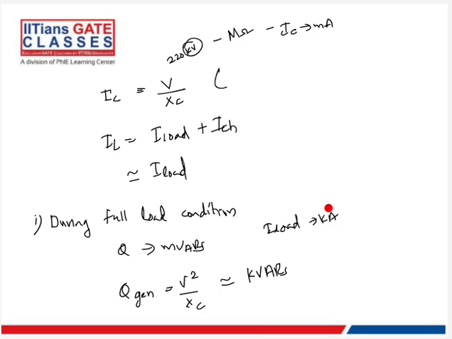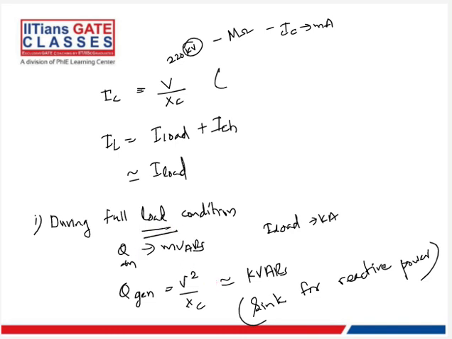The reactive power consumed, Q consumed, will be in terms of MVAR and Q generated will be in terms of kVAR. So under full load condition, it acts as a sink for reactive power. By default, when we say reactive power, we are talking about lagging reactive power, right? So it is going to be a consuming point for reactive power.